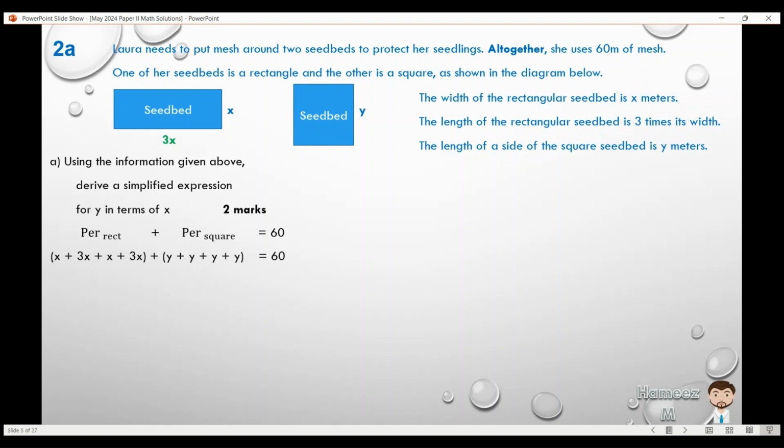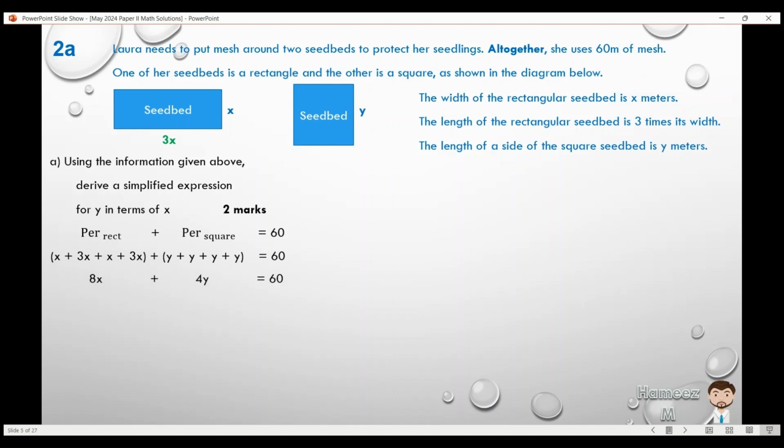So we know perimeter of a rectangle, we can add up the 4 sides, x plus 3x plus x plus 3x, and the perimeter of the square will be y plus y plus y plus y, and all that will be equal to 60 meters, because that is how much mesh she had. And we can simplify. 1x plus 3x is 4x, plus 1x is 5x, plus 3x is 8x. 8x plus 4y is equal to 60.